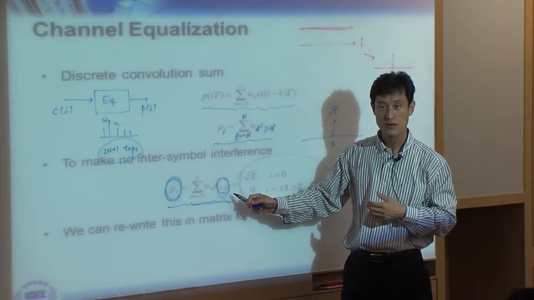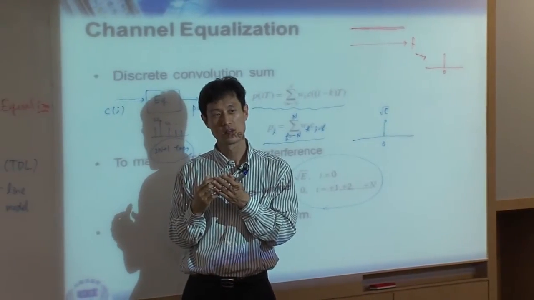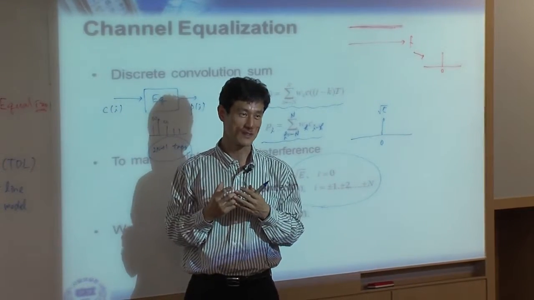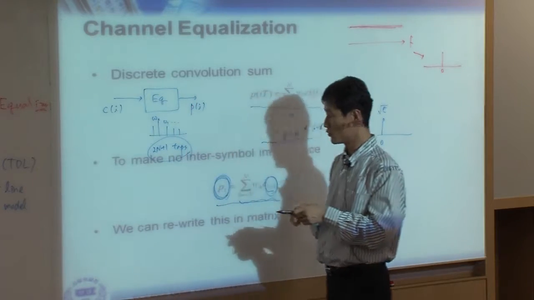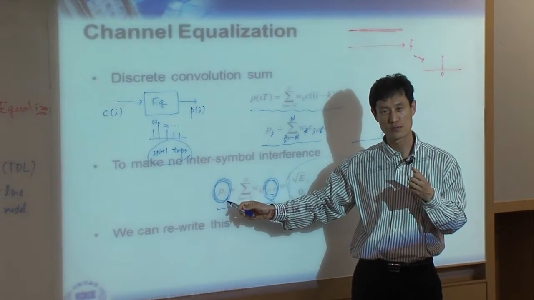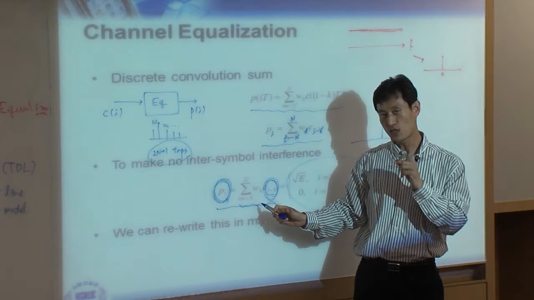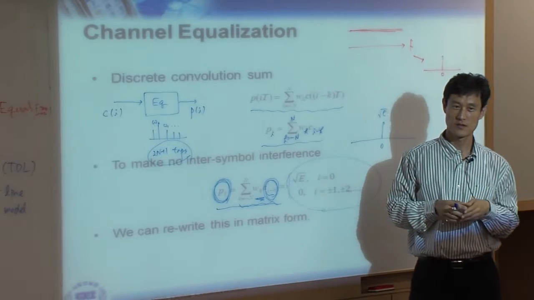We know the C. Why? C is our input. We received it already, right? This is our received signal. We already received some signal, so of course we know that, right? So we know this C. This one is our dream output. The only thing we don't know is W. W we don't know, right?